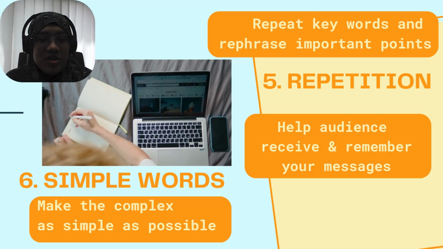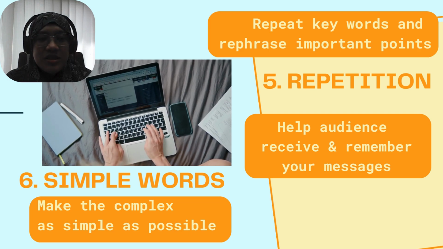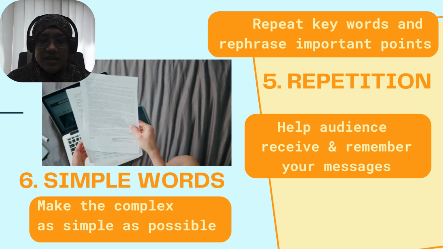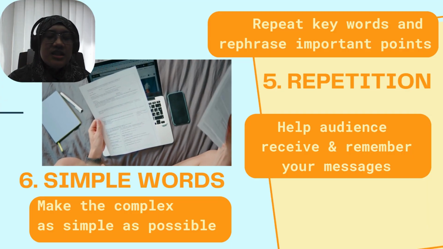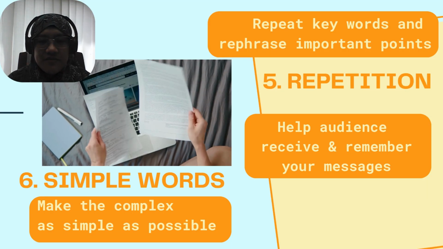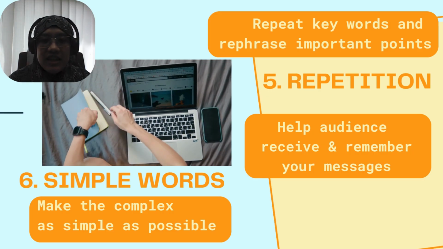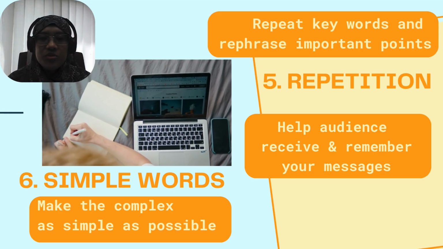I try my best to use the simplest words that I can in order to help my audience. Now, what is the function of repeating the keywords and using simple words in a presentation? It is to help the audience in receiving and remembering the messages that the presenters are trying to send.